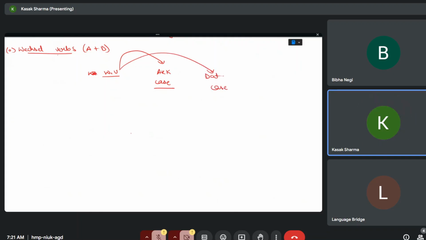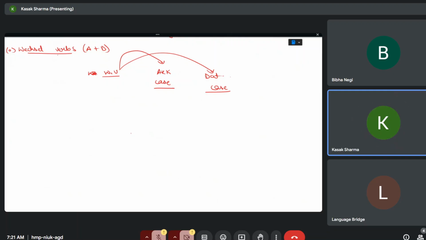Now, how will I decide which object will take accusative case or which object will take dative case? It's not that it depends on us, whichever we find comfortable.